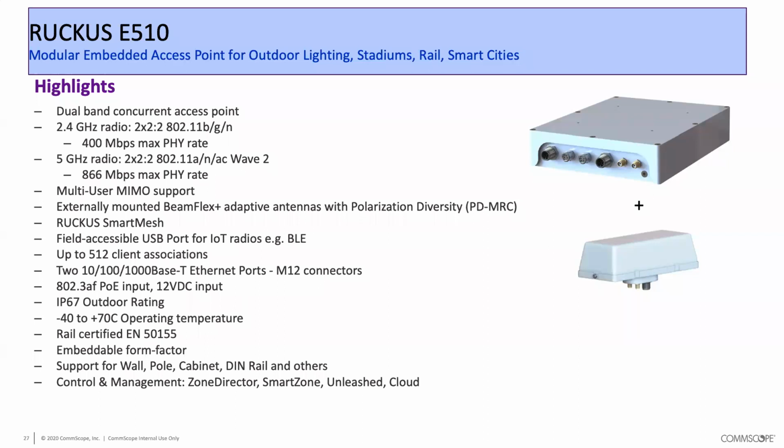And where I would recommend this AP, it's really more for environments where aesthetics are very important. So if you need to cover something like city streets in a very high-end area where you've got really nice street lights, everything is very well maintained, and maybe the city council has very large concerns about how this new wireless is going to look, then this is a good one to deploy, because the AP module can be fit in many cases inside a light pole, or even inside something like a bus stop enclosure, or any kind of signage that may be on the street.